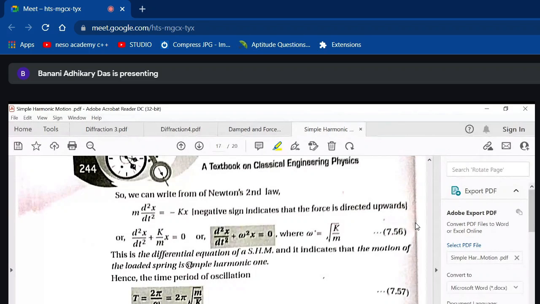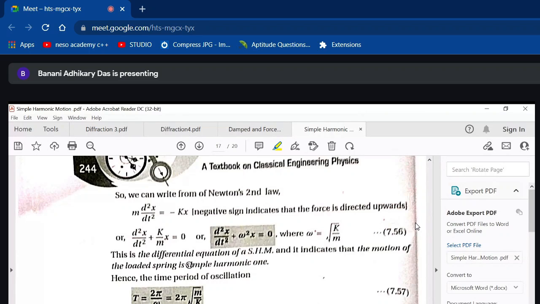This is what I meant when I said that as the class proceeds and you get more familiar with different kinds of simple harmonic motions, you will know that the basic underlying common concept is you have to know the force equations. You have to know what the net forces acting on the system are. Write down Newton's laws of motion, solve it, and write it in a form which satisfies the differential equation of simple harmonic motion.